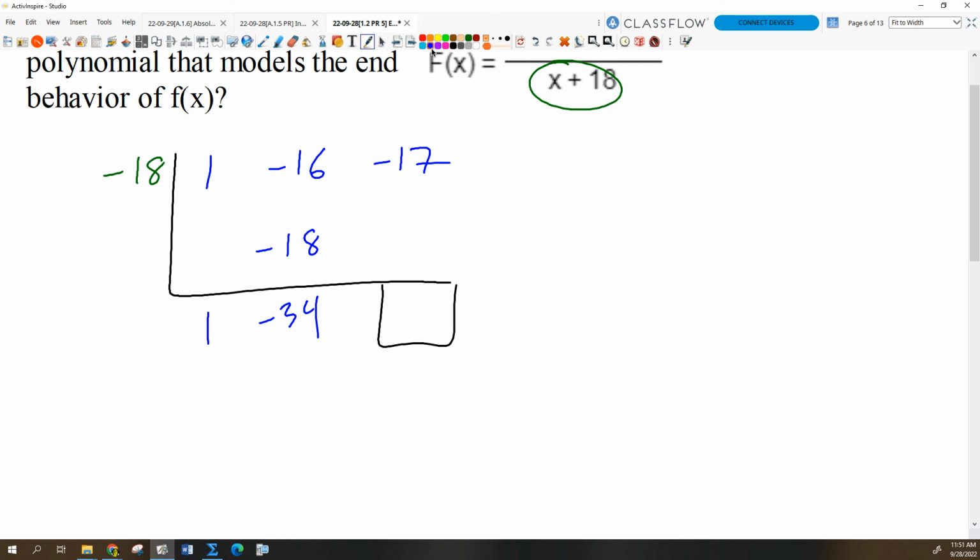Oh my goodness. We don't really care. Honestly, all we need are the first, right? So we know we're going to get.